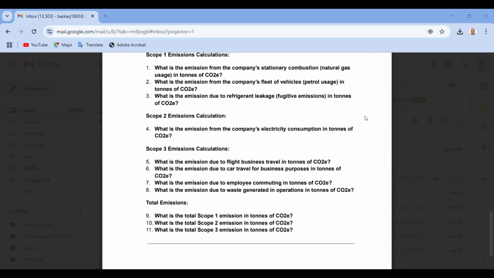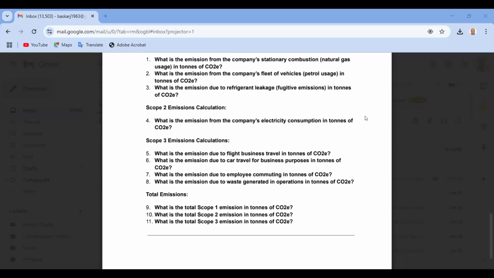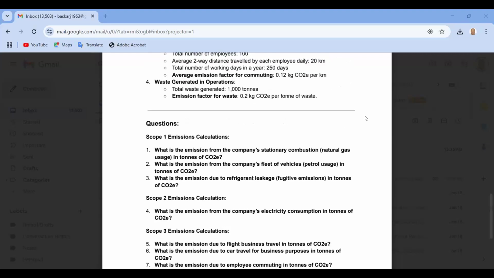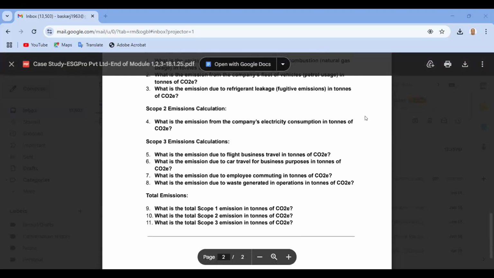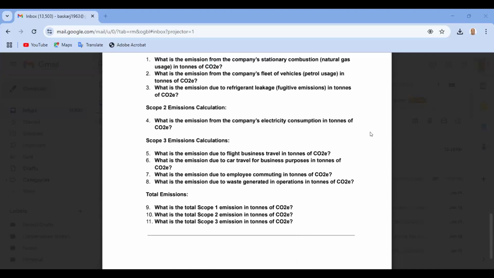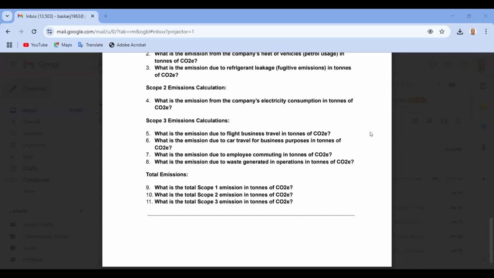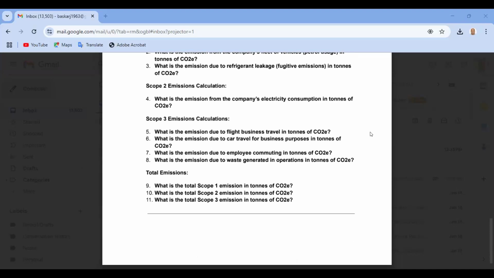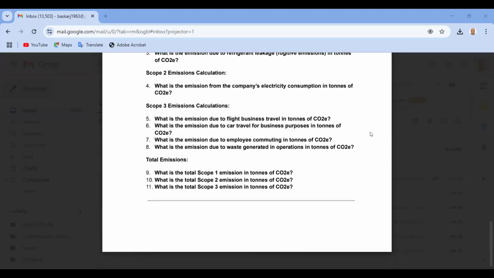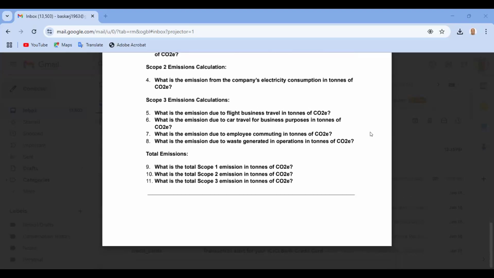Third is, what is the emission due to refrigerant leakage in tons of CO2? These are the scope 1 emissions. Scope 2: what is the emission from the company's electricity consumption in tons of CO2 equivalent? And scope 3 is emission calculations.